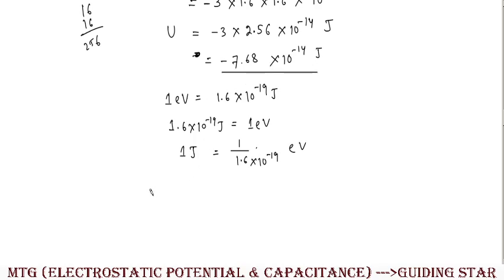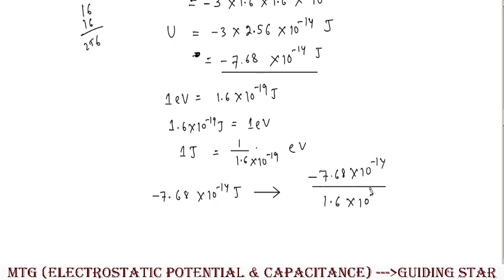So minus 7.68 into 10 to the power minus 14 joule will be equal to minus 7.68 into 10 to the power minus 14 divided by 1.6 into 10 to the power minus 19, this much eV.